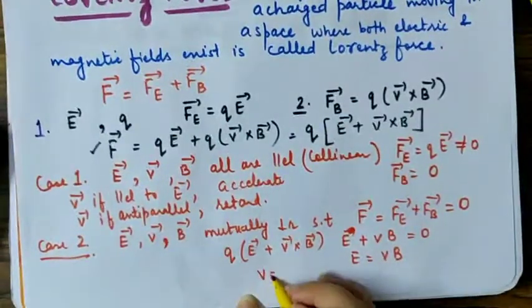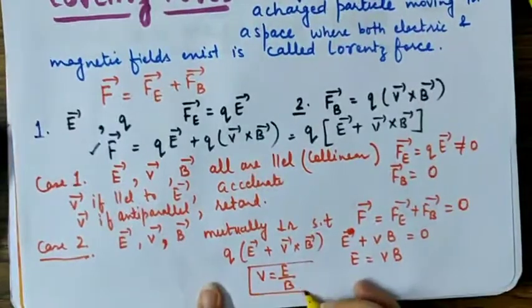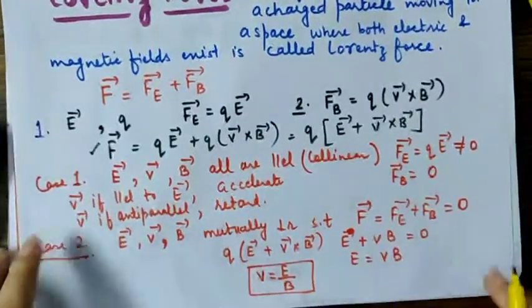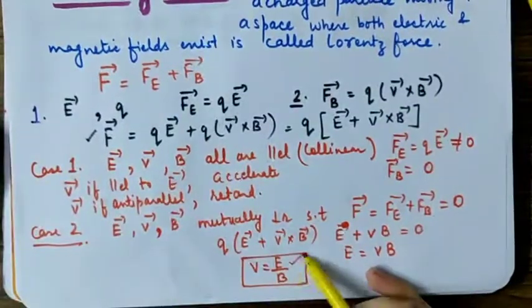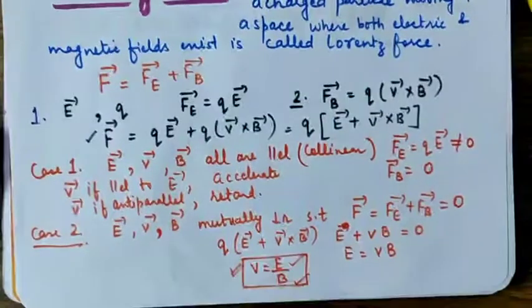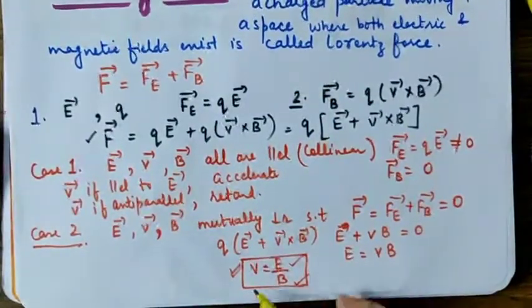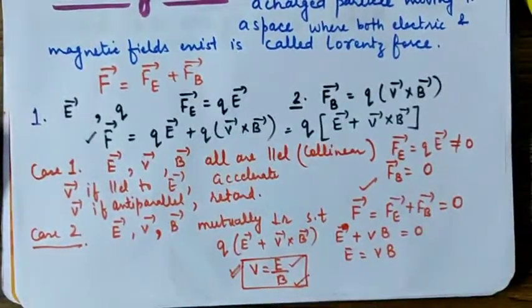Then the charged particle's velocity is equal to E by B. This situation will arise only when the velocity will be equal to electric field divided by magnetic field. So a particle having this velocity will move as such without the application of any force.